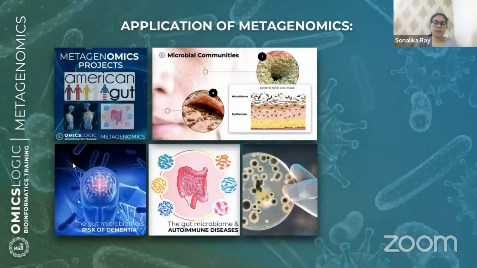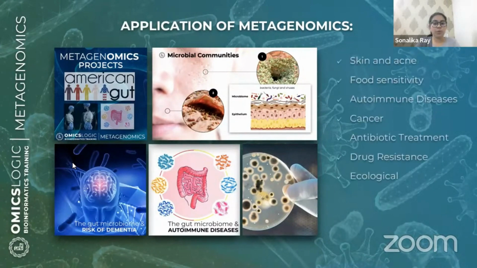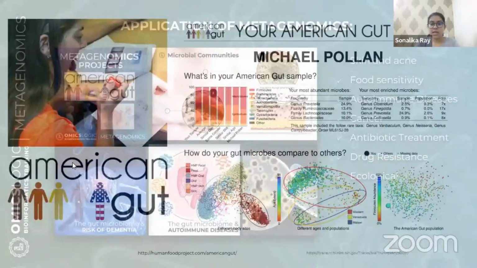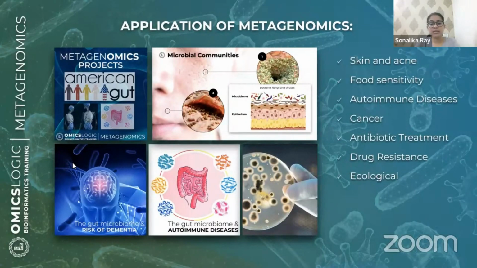In the program, we'll go through a number of applications that include skin conditions, food sensitivity of the gut, autoimmune disorders, cancer, antibiotic resistance, and also we'll try to understand the microbiome that is involved in drug resistance and even in ecological studies. These are just a few applications that I just mentioned, but there are more such case studies that we'll cover in the program.